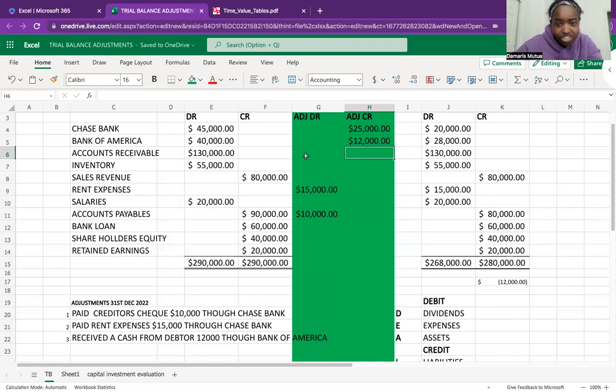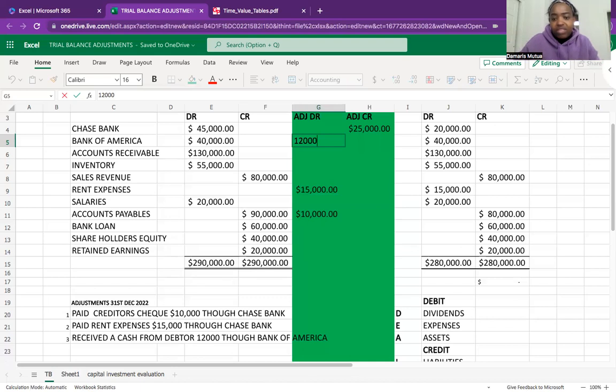So we received cash. So our Bank of America is going up. It's money coming in, so it's increasing. So we debit because it's increasing. So we debit, and this was our debtors. So our debtors are going to go down by 12,000. And basically we've adjusted all our transactions.